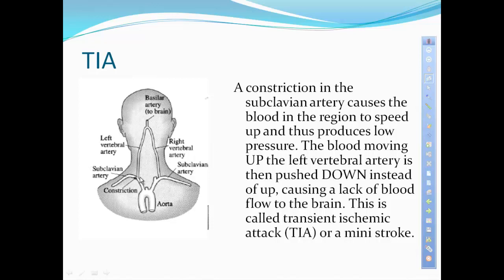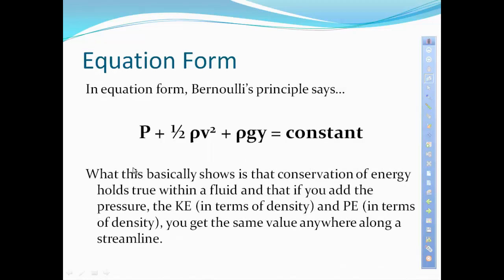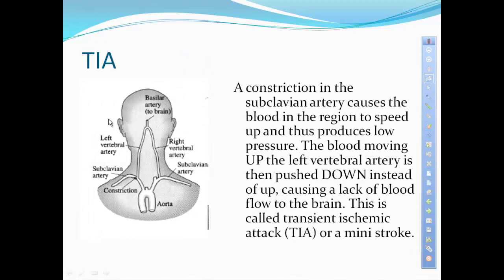So as the blood is trying to come up here to the brain, it speeds up, the pressure decreases, and instead of going up to the brain over here on the right vertebral artery, first of all, let's imagine this side of the body is the bad side and this side of the body is the good side. So on the bad side, we have lower pressure and we have a higher flow of blood.